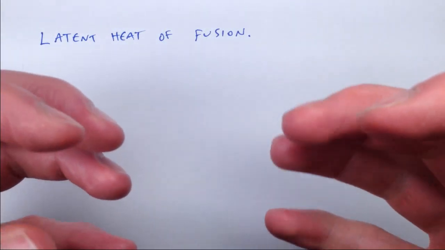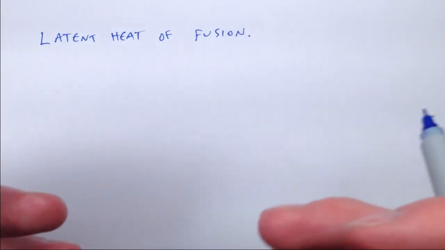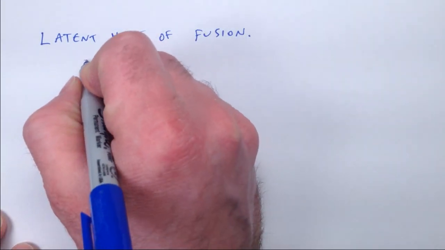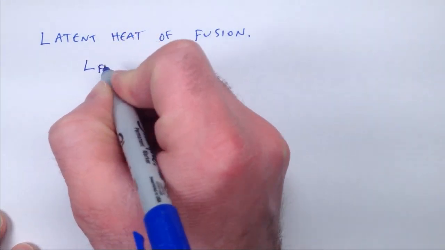So when liquid water freezes, the individual water molecules basically get stuck to one another. I hate to use a really imprecise word like stuck, but what I mean is they can't escape each other. And that's part of what makes a solid: the particles don't move out of the way anymore. They keep their place. So the latent heat of fusion is abbreviated capital L subscript F.